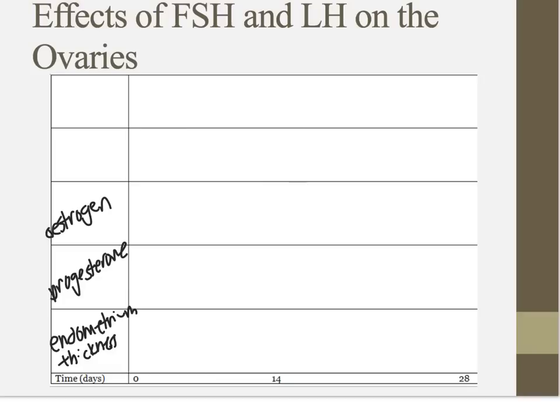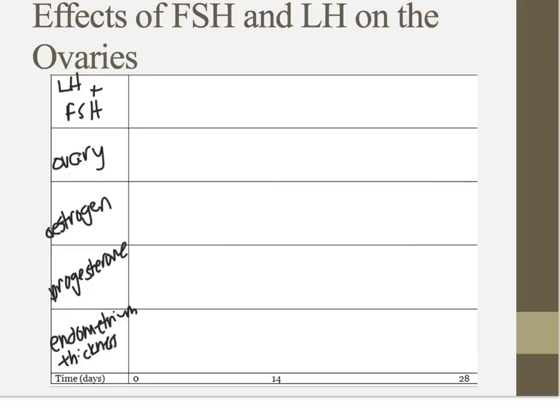I'm going to track some crazy things happening in the ovary, particularly where it comes to the follicle and such. And here I'm going to track LH and FSH. LH and FSH can go together since they're both coming from the anterior pituitary, and we're going to start with those two.